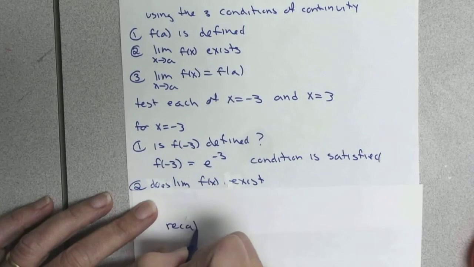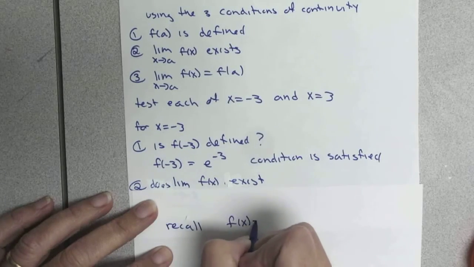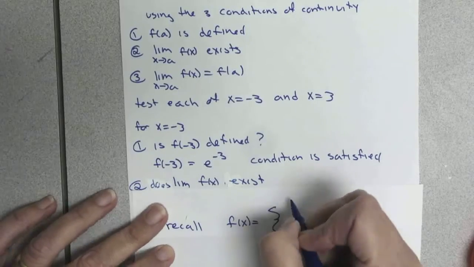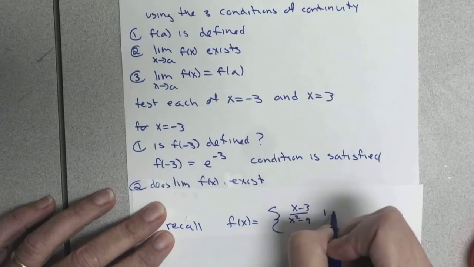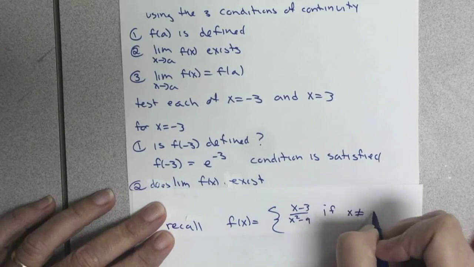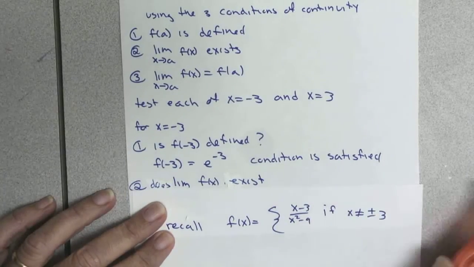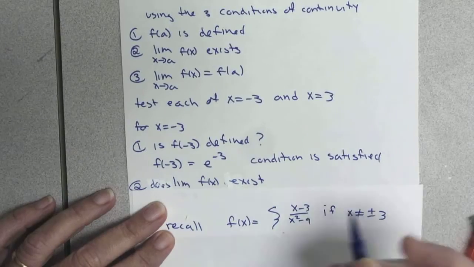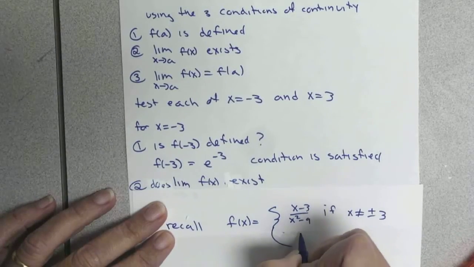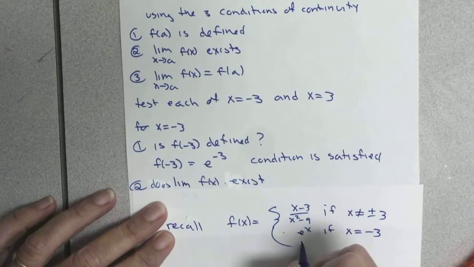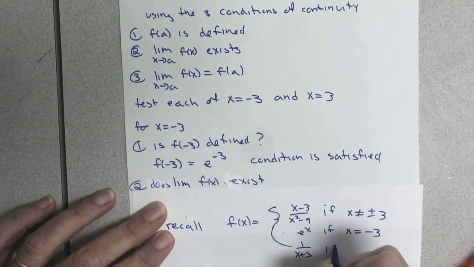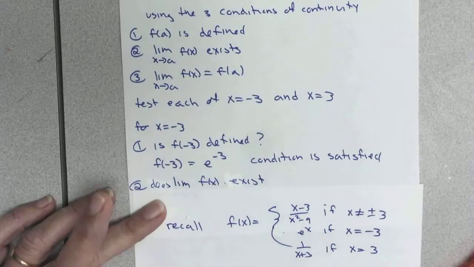Let's recall that the function is f of x equals x minus 3 over x squared minus 9, if x is not equal to plus or minus 3, it's equal to e to the x if x equals negative 3, and 1 over x plus 3 if x equals 3.